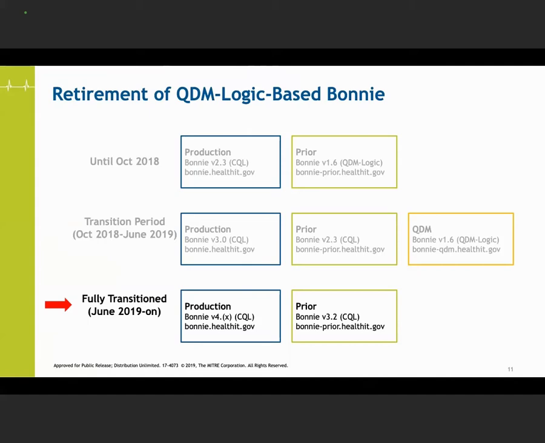And then we'll be deploying what's currently on bonnie.healthit.gov to bonnie-prior.healthit.gov. So that means on Tuesday next week, bonnie-prior.healthit.gov will be retired. If you have an account on bonnie-prior.healthit.gov, you'll still be able to access your account, but it will be using the previous version of Bonnie 3.2.